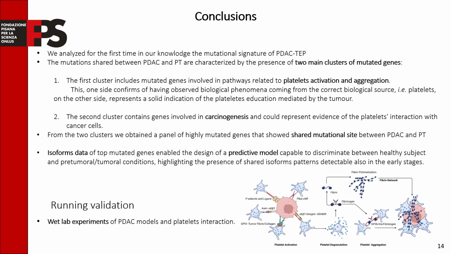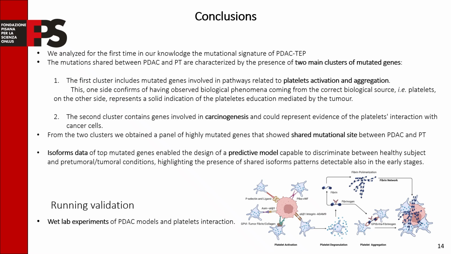So to sum up, we basically analyzed the RNA-seq of the platelets to find a novel source of biomarkers for PDAC early detection, and we found two main clusters of mutated genes linked to cancer and to the activation and education of the platelets.